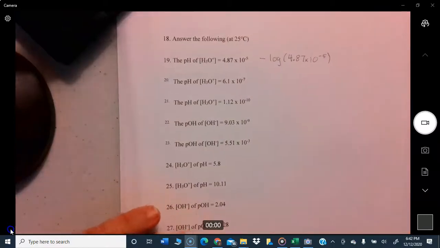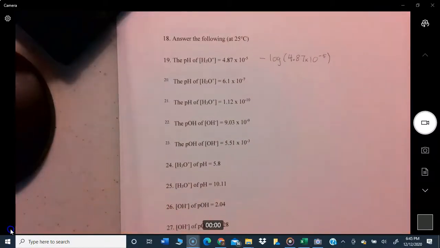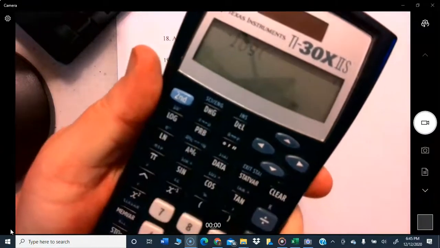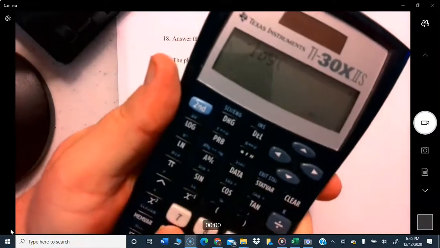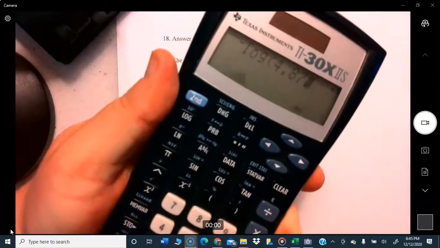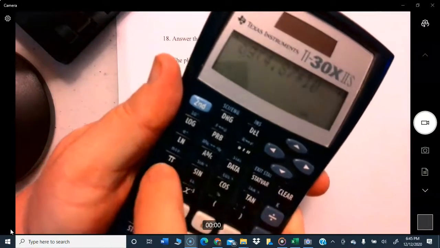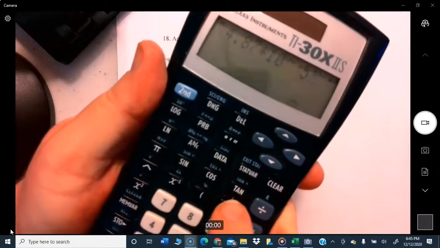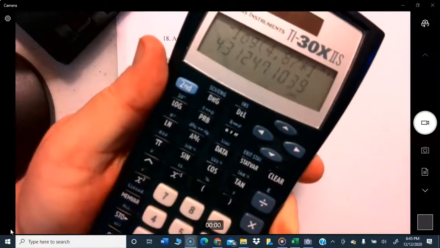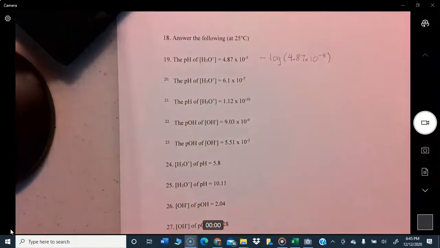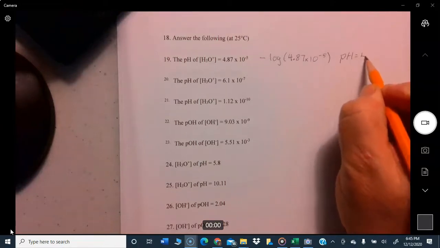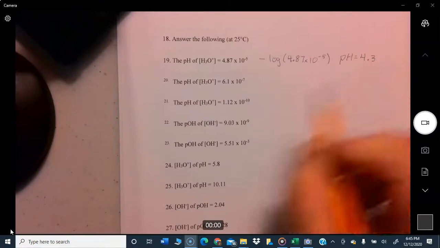Just to show you how to do that on the calculator in case you're not aware: negative log, open a parenthesis, 4.87 times 10 caret for the exponent, negative 5, close the parenthesis, and hit equal. It gives you 4.3, so the pH is 4.3. And you can do the rest.